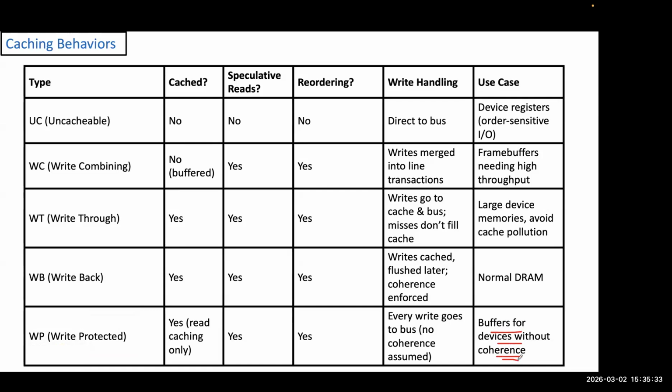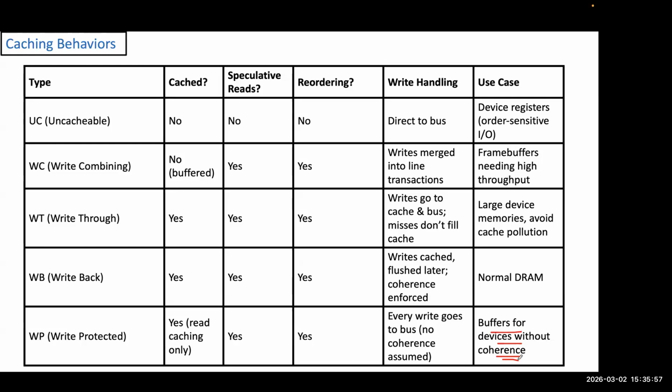Remember why we need the coherence protocol? Because we want that the data which is shared among, let's say, multiple cores, if one of them updates the data, we want all other participants to become aware of the update, and we want the updated data to be made available to them, right?